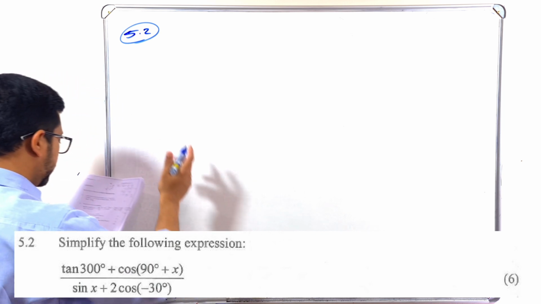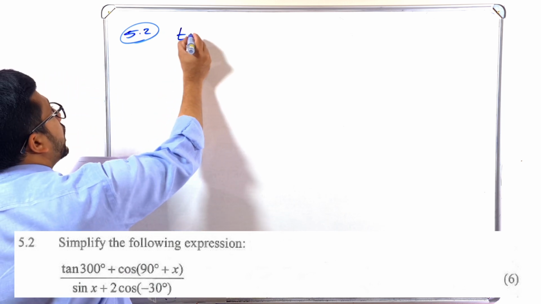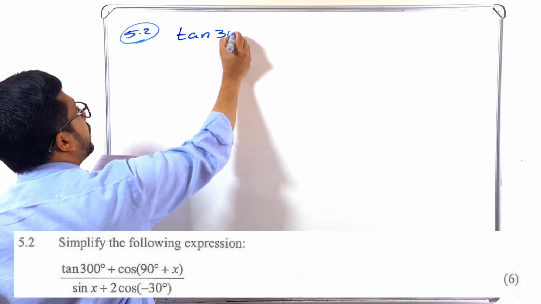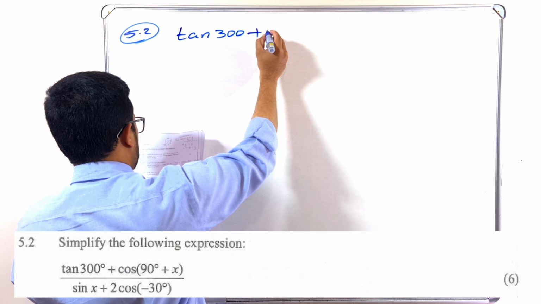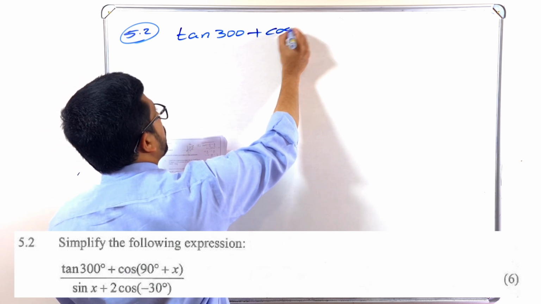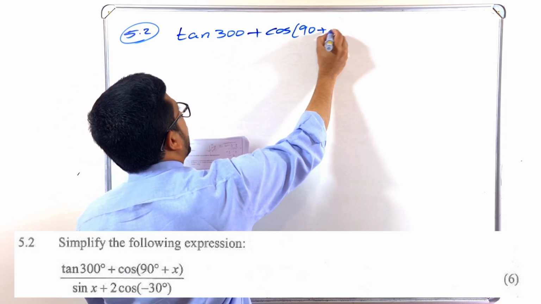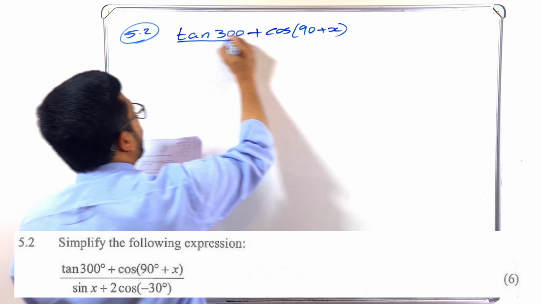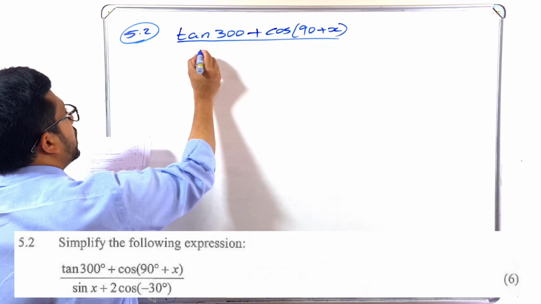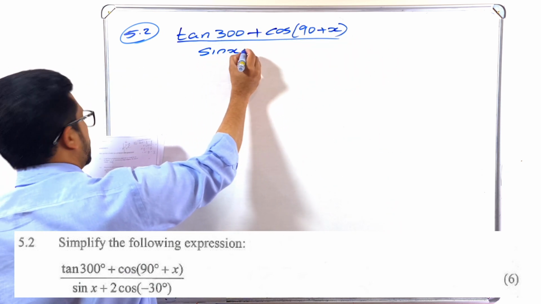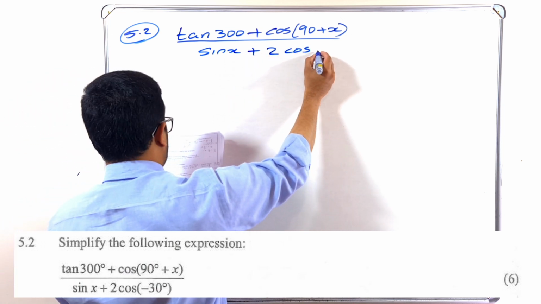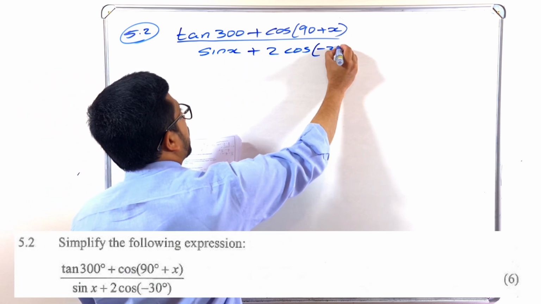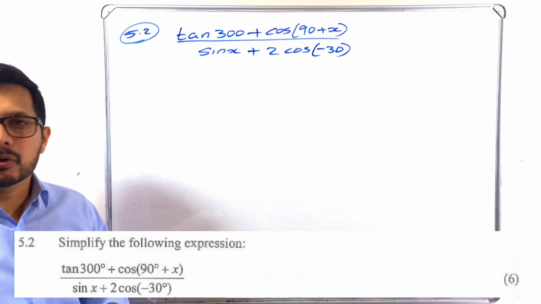So here: tan 300 plus cos of 90 plus x, the whole divided by sin x plus 2 cos of minus 30. So that is the question you have to simplify.